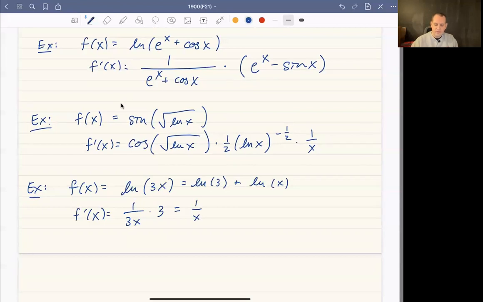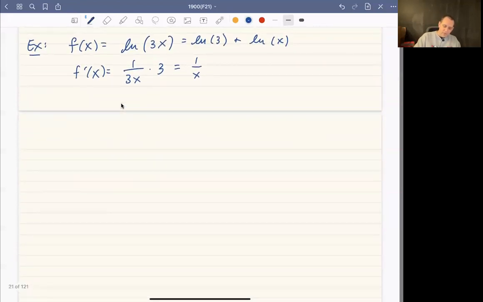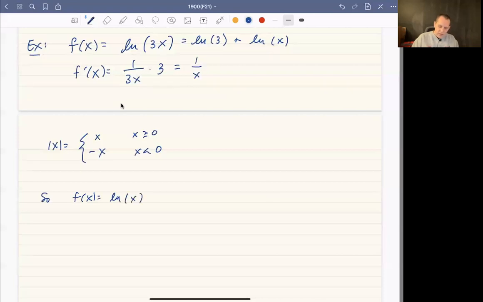The reason why that's relevant for us is that, if you remember, the absolute value of x is defined as a piecewise function: x when x is non-negative, and negative x when x is negative. Therefore, when you think about the natural log of x, when x is positive, the derivative is going to be 1 over x.